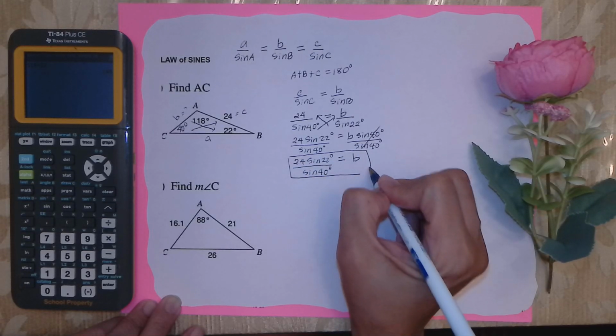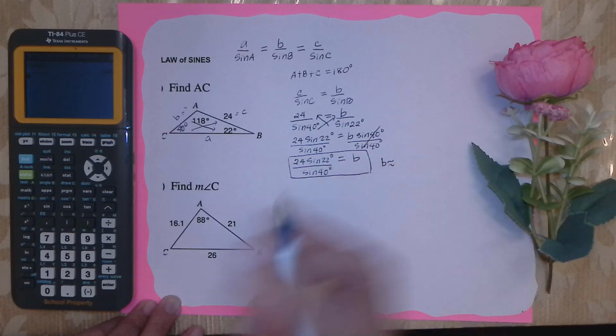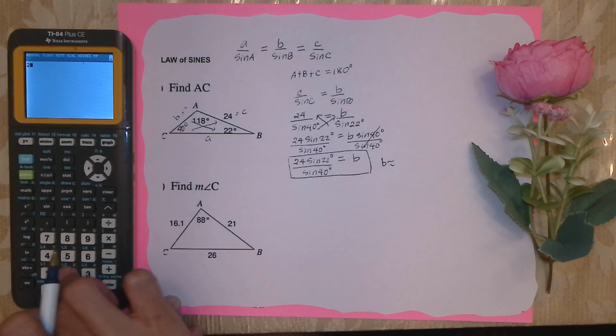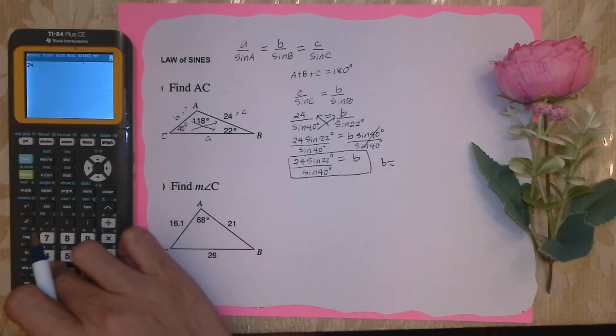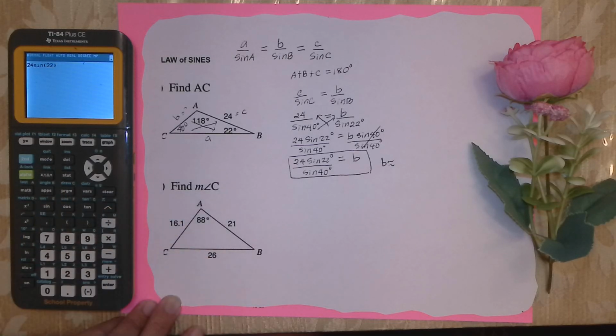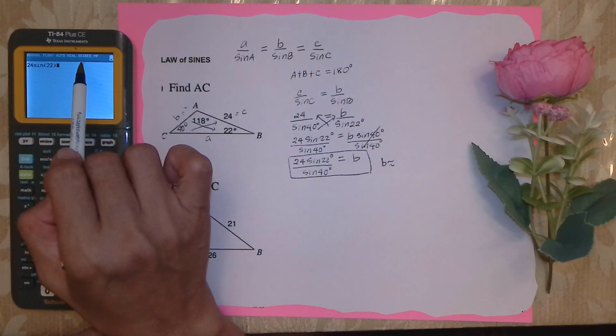But supposing I want you to write the answer to the nearest whole number. Let's put this in a calculator. It's just 24 sine 22. You don't have to put the degrees because your calculator is already in degree mode. If it's not in degree mode, you have to change it.